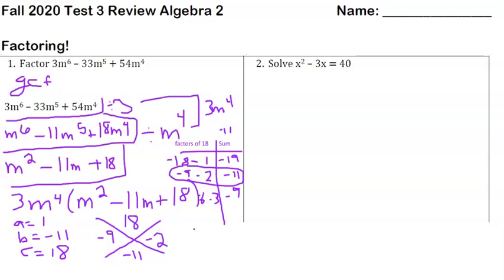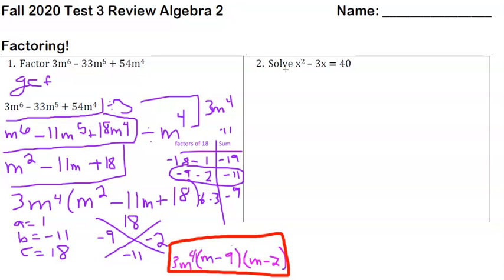So from there, we can factor that out: m minus 9 times m minus 2. Okay, we factored the trinomial, and then we can write out our GCF at the front. 3m to the 4th power times m minus 9 times m minus 2. And that would be your factored form.